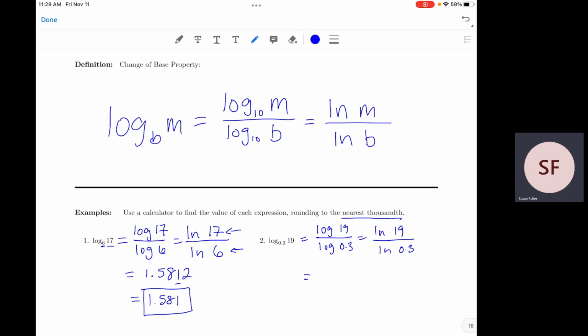You plug that into your calculator, and I get negative 2.446. And that's rounded to the third decimal place because it's negative 2.4456, and that would round up to 6 in that third spot. So that is change of base.